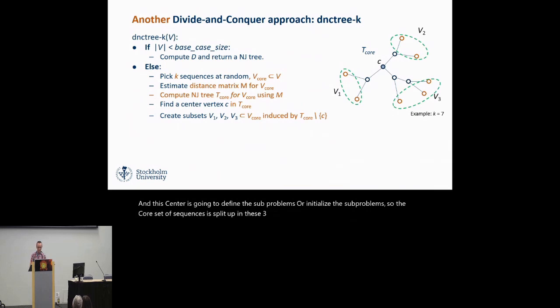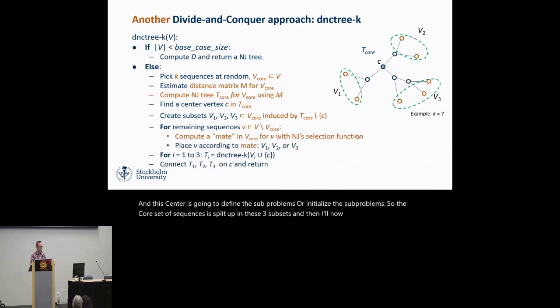And then, and I follow with the animation here, all the other sequences are assigned to these 3 subsets based on which mate the neighbor joining selection function thinks is good for them. So again, we've ended up with 3 subsets of sequences.